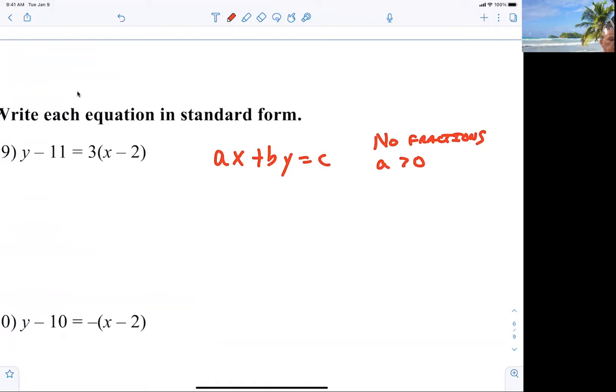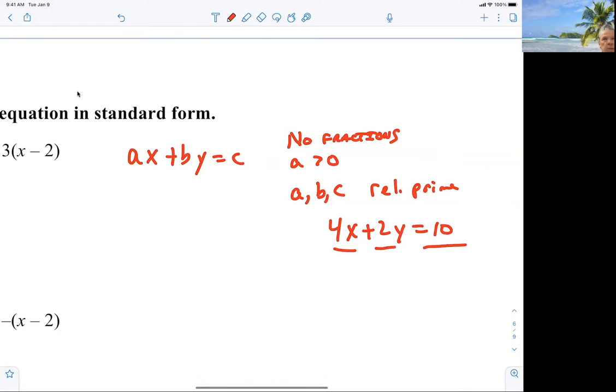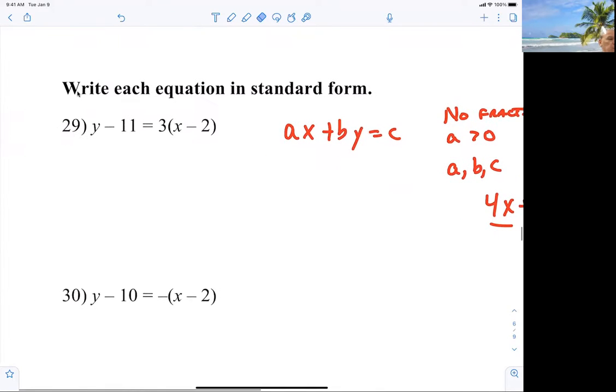And the last little rule is A, B, and C have to be relatively prime. That just means they can't be divided by a number. I'll give you an example. If I said 4x plus 2y equals 10, is that in standard form? No, because I could divide everything through by 2. All right, so that's the basic rule for standard form.